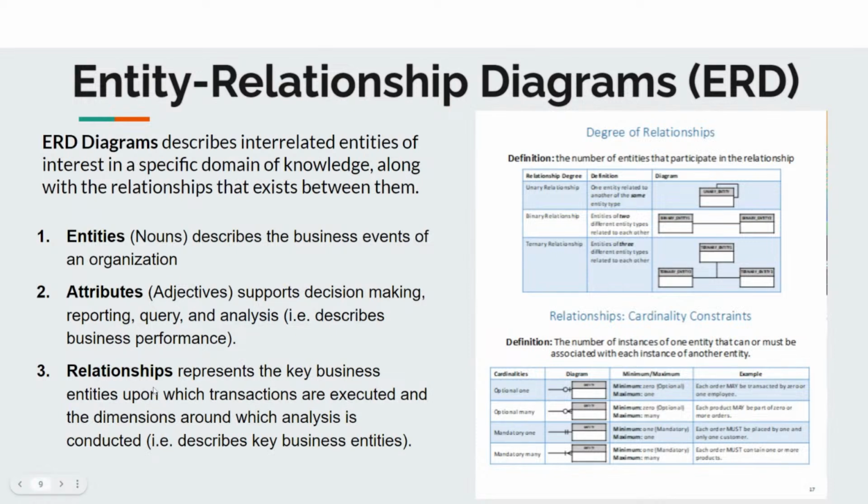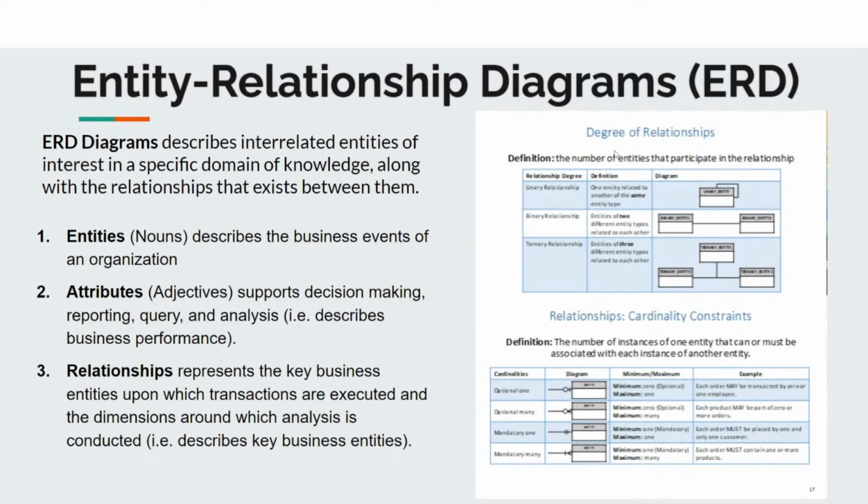The relationship would be sells. And then there would be a key between them, like the salesperson would have a key to a transaction that a customer made. We'll see some more of these coming up in the next slide. That's a little bit better described.